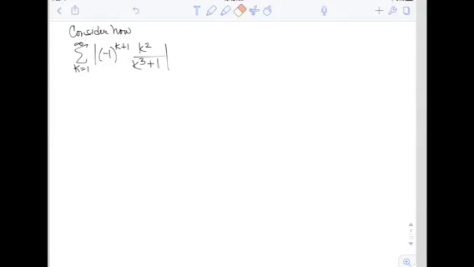So we're really looking at k squared over k cubed plus 1. So now this means we're really looking at the series of k squared over k cubed plus 1. There will be several ways to show it, but do you know if this series converges or diverges?